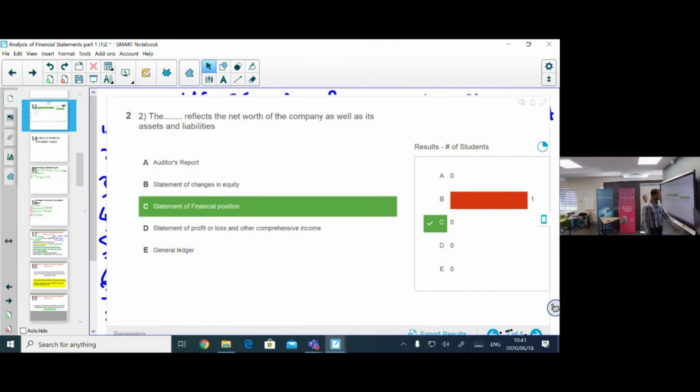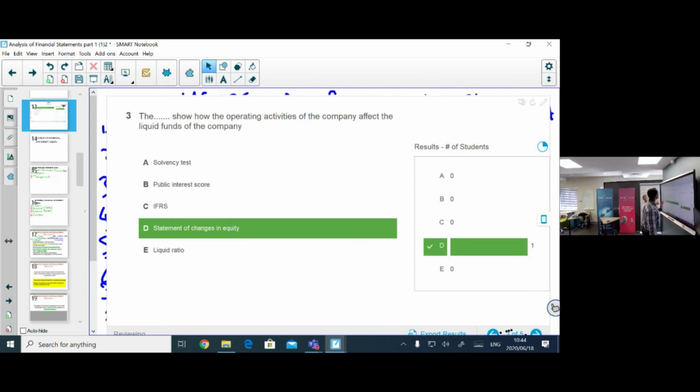Let's go to the next one. This statement reflects the net worth of the company, its assets and liabilities, and also the equity. The answer here is statement of financial position. Remember, we explained this. I hope you really understand.